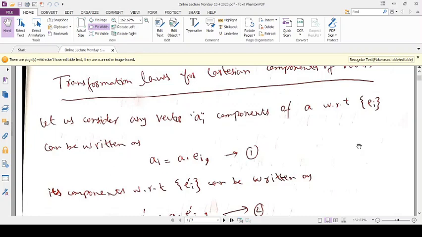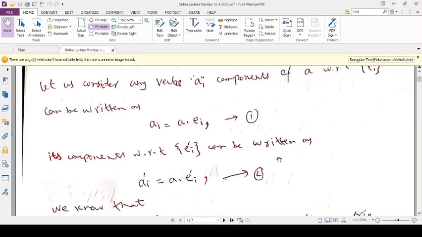Now equation 1 is with respect to basis e_i. When you write components of this vector A with respect to basis e_i dash, you have equation 2. Simply from equation 1 we can write A_i dash equals A dot e_i dash. There is no dash on vector A because the vector is the same in equation 1 and equation 2, only we are changing bases.